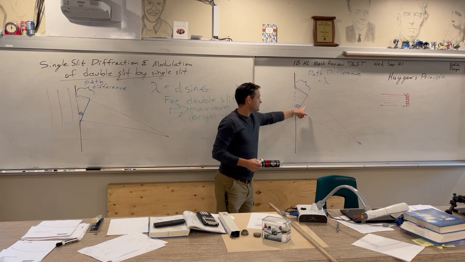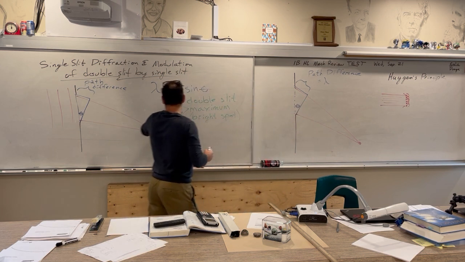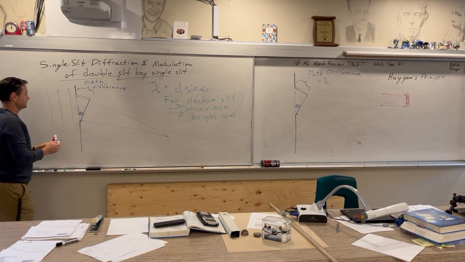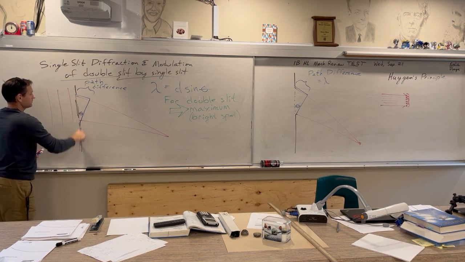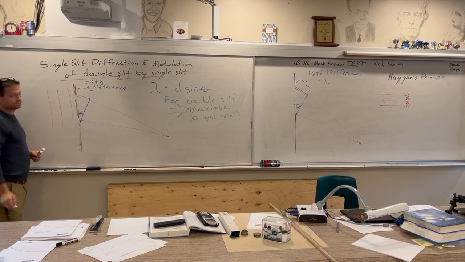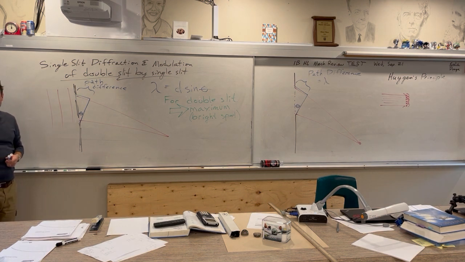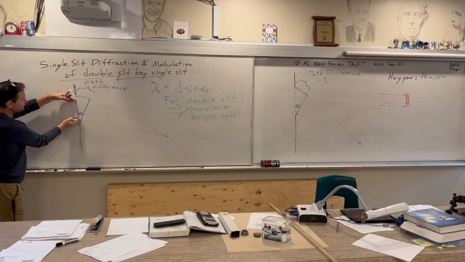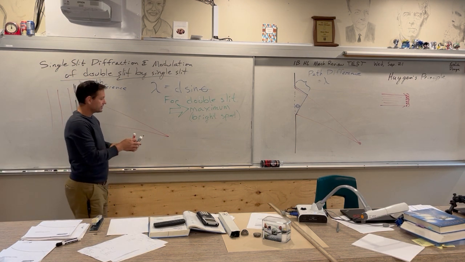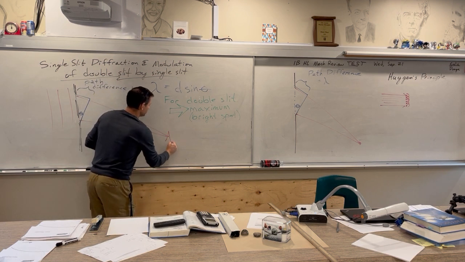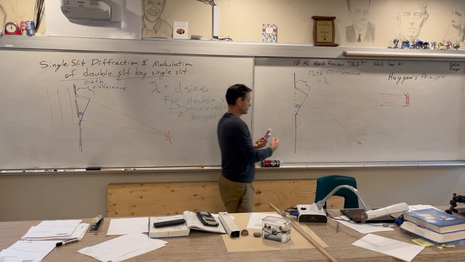Why is this different than this? The path difference is the same, but you get a different result. If I take this middle barrier out, that maximum, that bright spot that's here, will turn to a dark spot here.